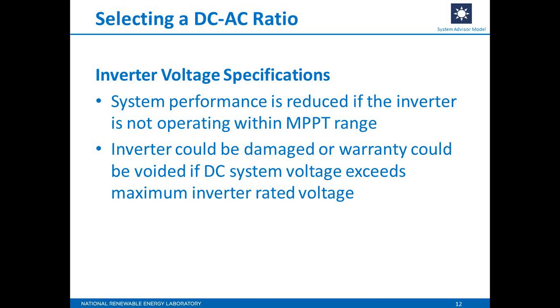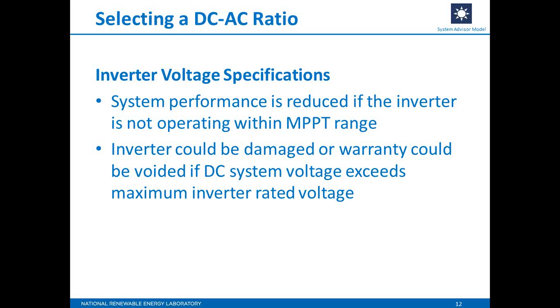A final thing to consider when selecting your DC to AC ratio is how it affects the voltages that your system will experience. System performance is greatly reduced if the inverter is not operating within its maximum power point tracking range, which is a range of voltages that the inverter can take to stick on the MPPT algorithm.